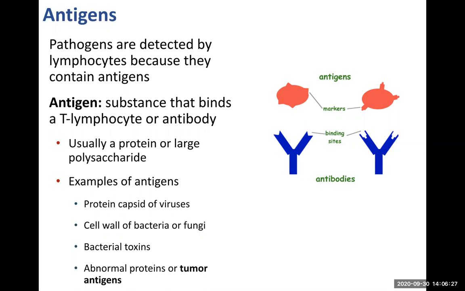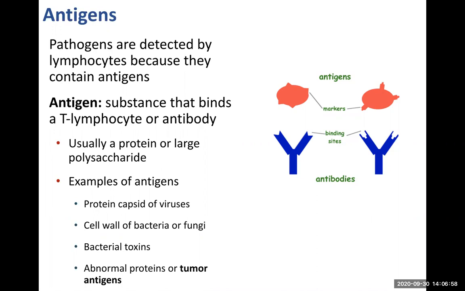The protein capsid of viruses are antigens. All of the nucleated cells of our bodies have self-antigen. Essentially, any cell that has a nucleus is going to make antigen, and typically put that antigen on the surface if it's a cell. If we're talking about a viral antigen, that antigen is going to be soluble, kind of free floating, if you will.